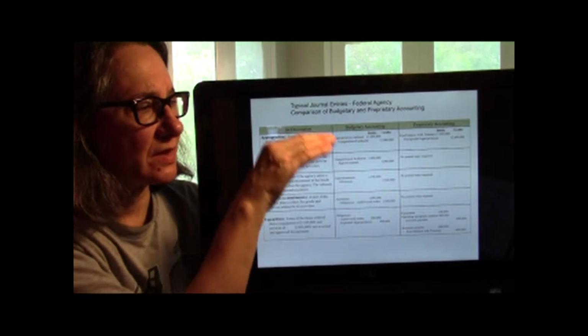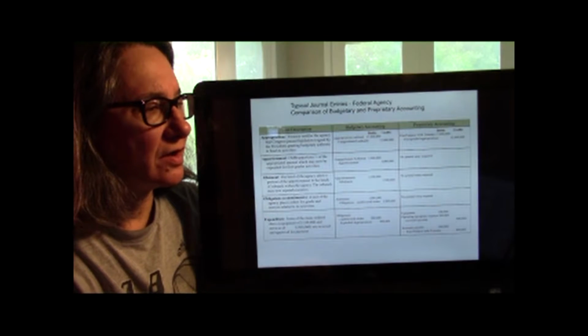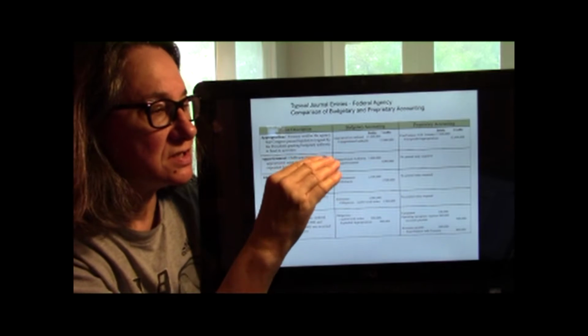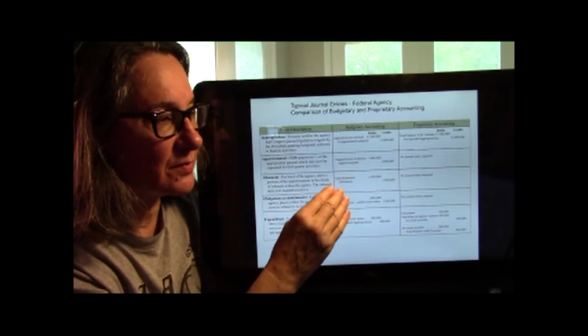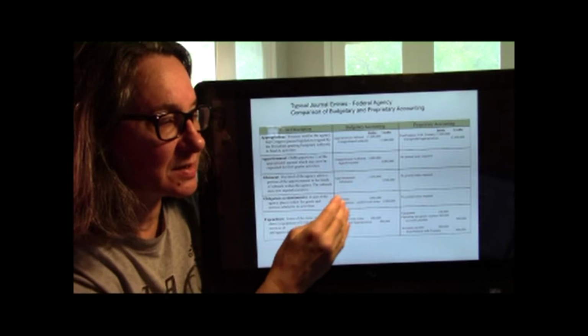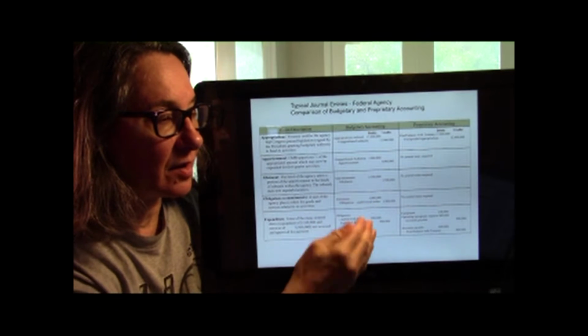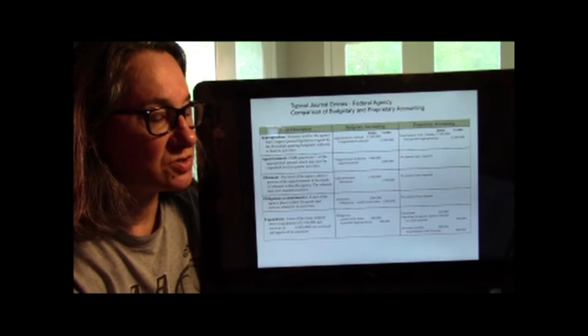All right, so here's how the budgetary accounting goes, right? Appropriations first, then what's appropriated becomes an apportionment, apportionment becomes an allotment, allotment becomes an obligation, and an obligation eventually becomes an expenditure.